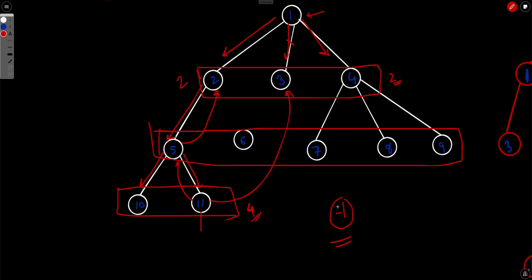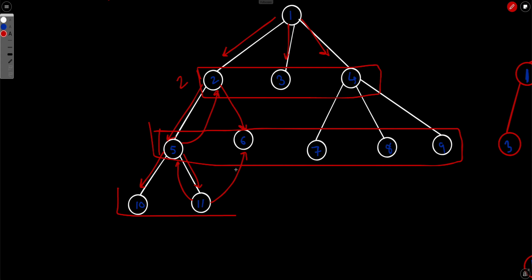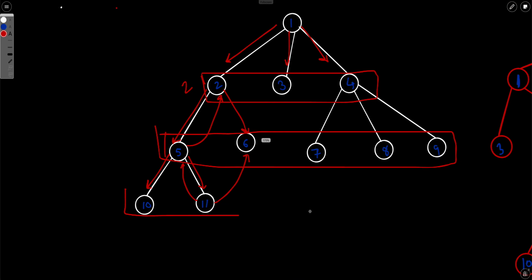Okay, so if you think about it again, in the previous case, if we follow the same strategy, 11 will be connecting to 6, right? And if 11 connects to 6, that is fine, because 6 was discovered by 2, so 11 is indeed connecting to someone which is just above it. So this arrangement is valid, right? Hope you get the intuition. We are still following the same strategy.